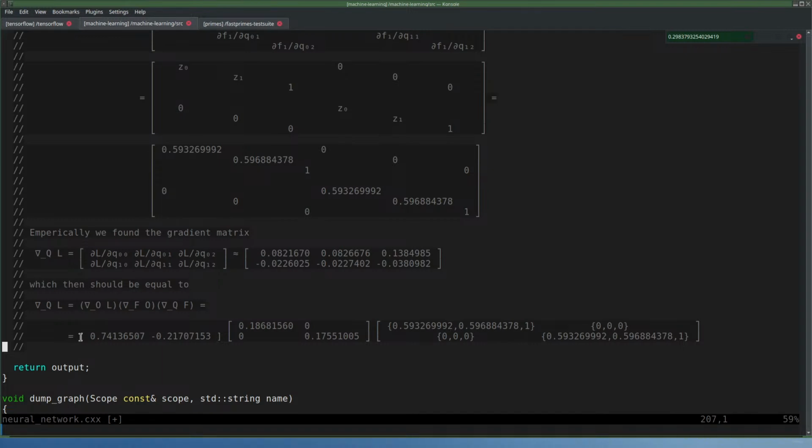So this is 1x2, and this is 2x2, and this is 2x3. So we are going to end up with 2x3.